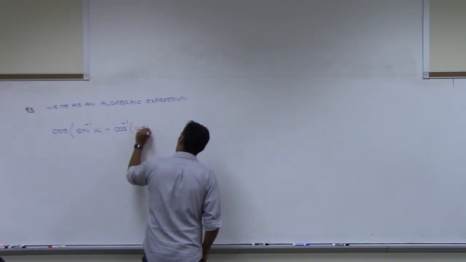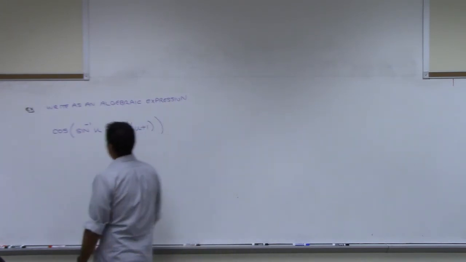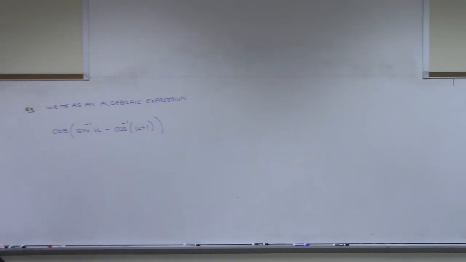U plus 1. When you're done, you should have no trig stuff at all. Purely algebraic stuff. Squared, square roots, things like that.